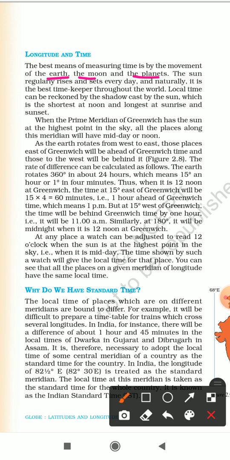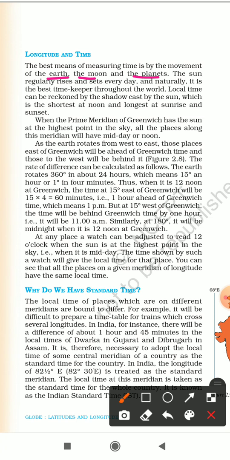When the prime meridian of Greenwich has the sun at the highest point in the sky, all the places along this meridian will have midday or noon. So basically, time is measured based on the time in Greenwich. If it is afternoon in Greenwich, all the places near Greenwich will have afternoon only.